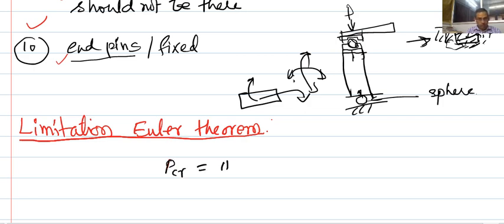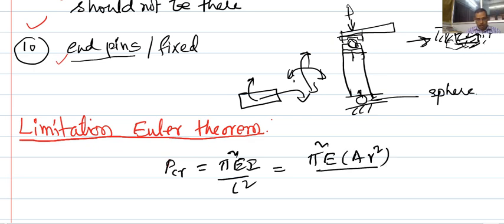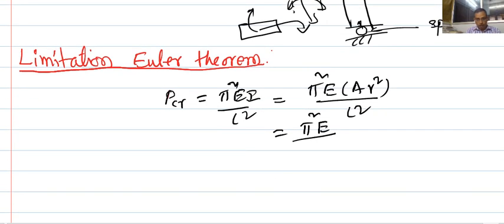We said PCR is pi square EI by L square, then pi square E times A into r square, r is the radius of gyration, by L square. This also means pi square E by (L by r) whole square, and the A goes to the other side, that is PCR by A, right.